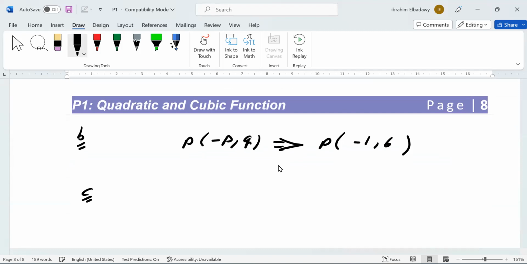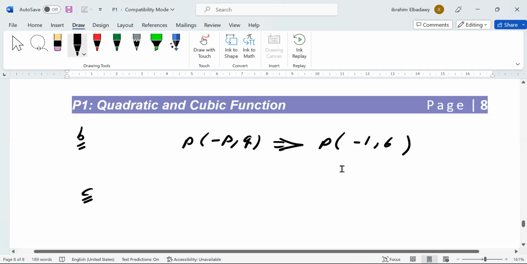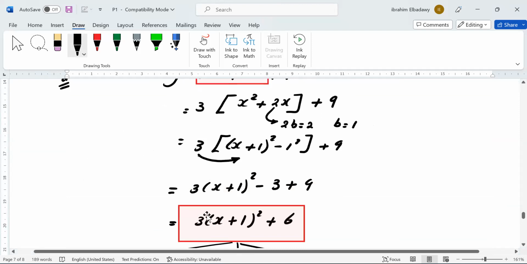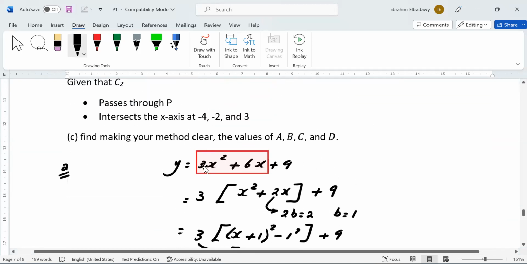Then the type of this one, how can you determine the type? It depends on the coefficient of x squared. The coefficient of x squared is a positive value. How can you know? Okay, here is 3, which is a positive value. يبقى this one is a smile face.